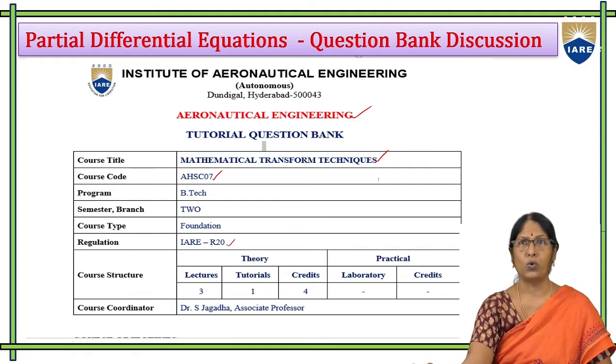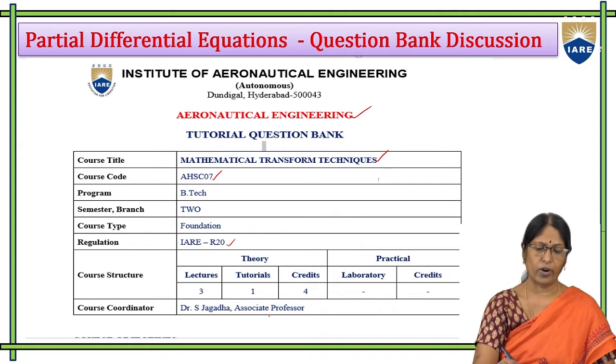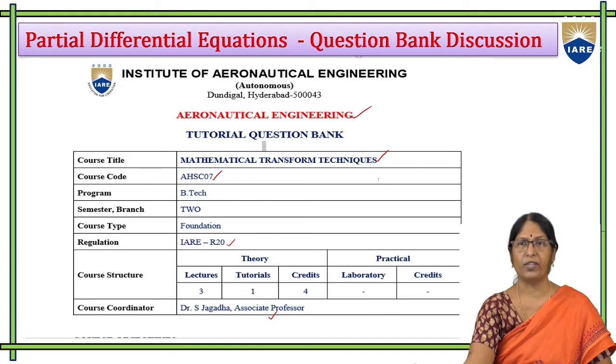This entire course, Mathematical Transform Techniques, has completely 5 modules in the question bank. The 5th module we are going to discuss today. The entire mathematics department put together the effort, and the questions are framed satisfying Bloom's taxonomy. The course coordinator is Dr. S. Jagadha, myself, Associate Professor.